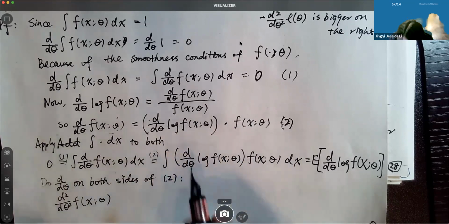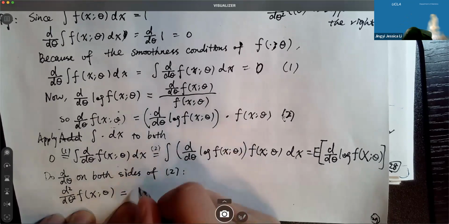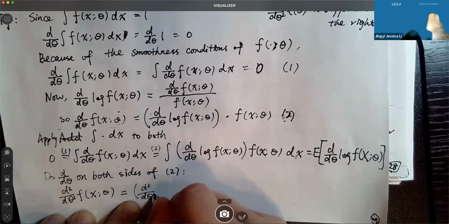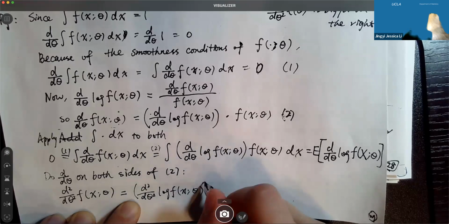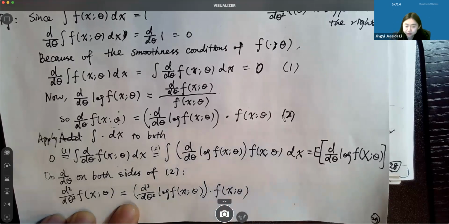So for term 1, if we do its differentiation again, it will be d squared over d theta squared of log f. This is the first term.